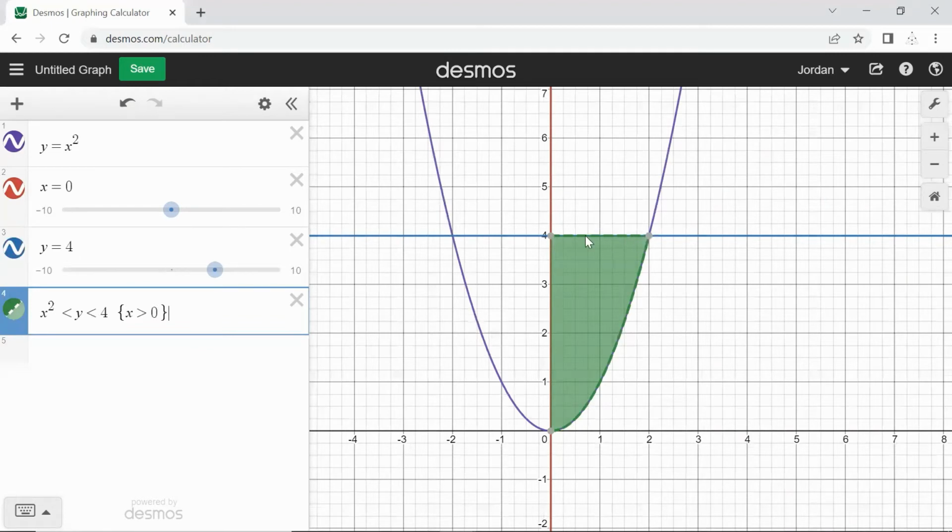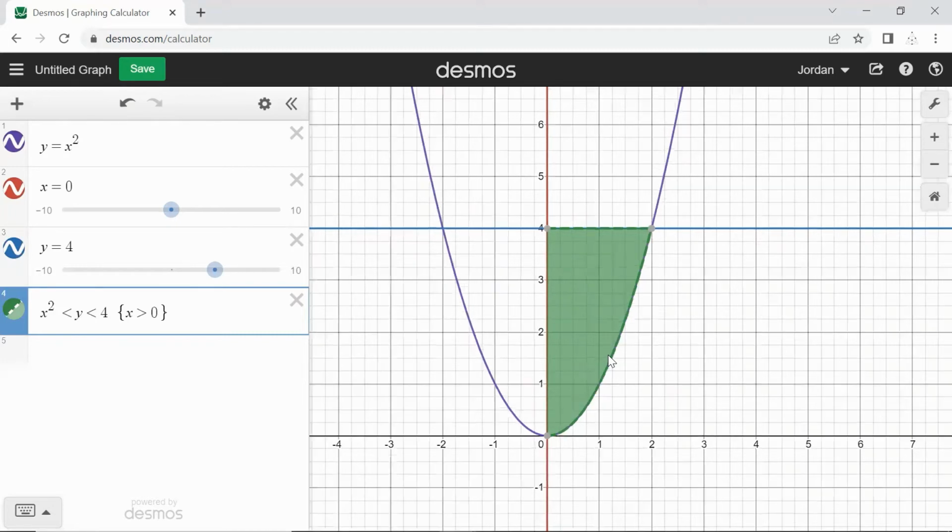Notice that the top of this region is the line y equals 4, and the bottom of that region is the curve y equals x squared. So from y equals 4 on top to y equals x squared on bottom. Now I know which piece is my top, which piece is my bottom.